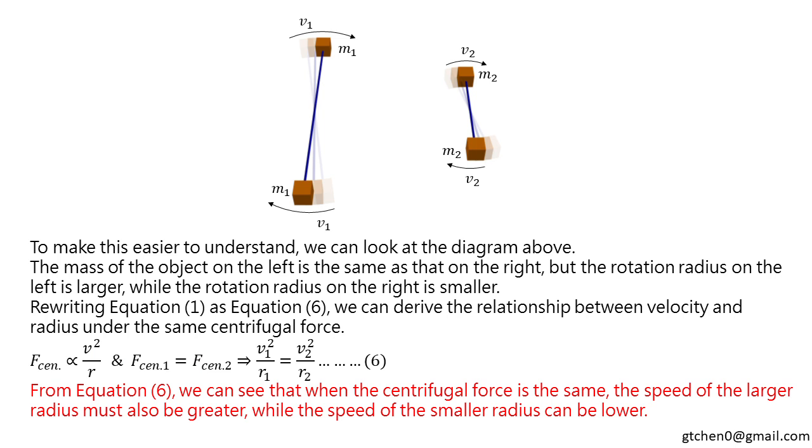From equation 6, we can see that when the centrifugal force is the same, the speed of the larger radius must also be greater, while the speed of the smaller radius can be lower.